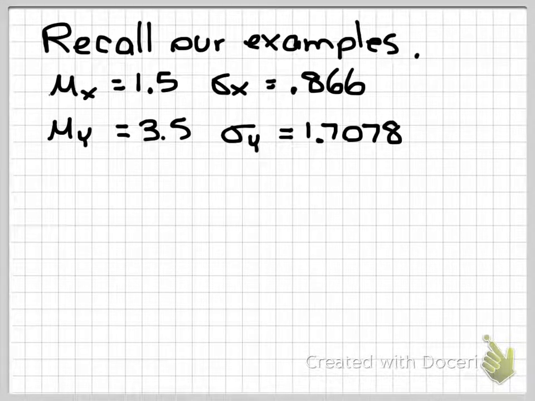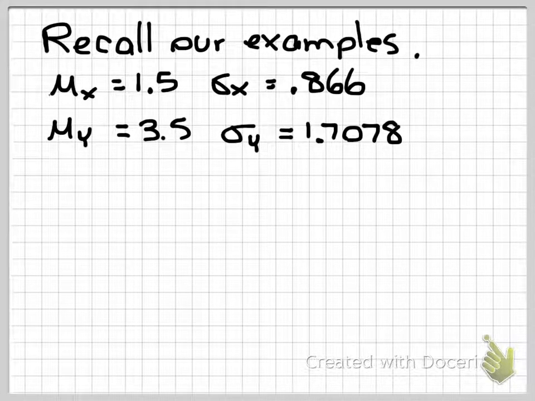Remember that x stood for the number of tails we would get when we toss 3 coins, and y was the number we would get when we roll our number cube. We can do a few examples. For instance, suppose that we would win $2 for every tail that we toss.